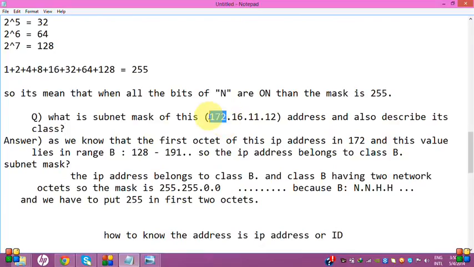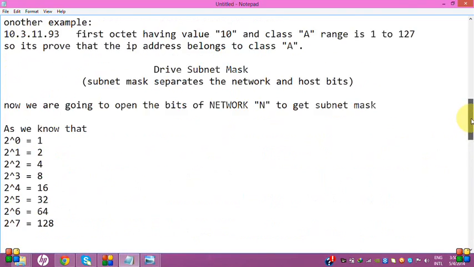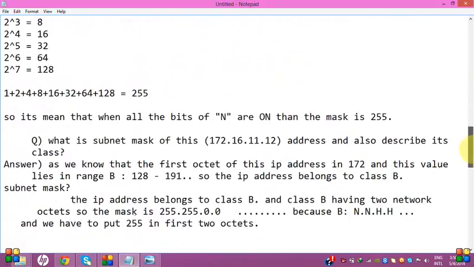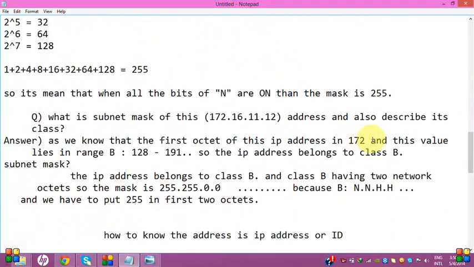You can see 172 lies in the class B range, 128 to 191, so the IP address belongs to class B. Now I am going to get the subnet mask.